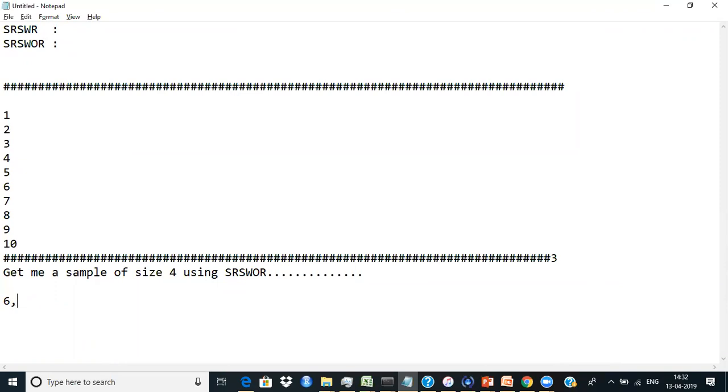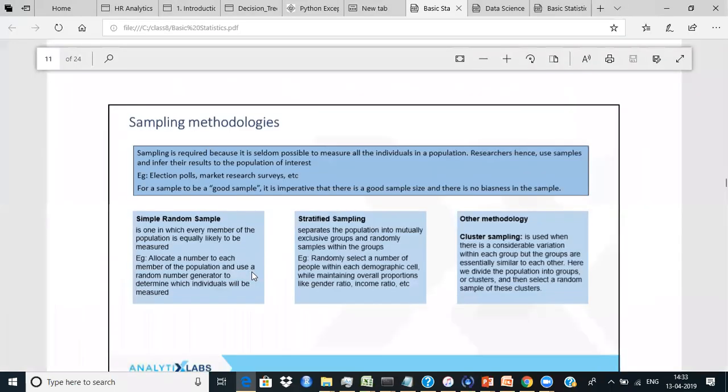So every time you get a new observation. The advantage is you will never have duplicates. The disadvantage is the sample size is limited to the population size. Make sense? Okay. So this is simple random sampling. Simple random sampling is of two types, SRSWR and SRSWOR.